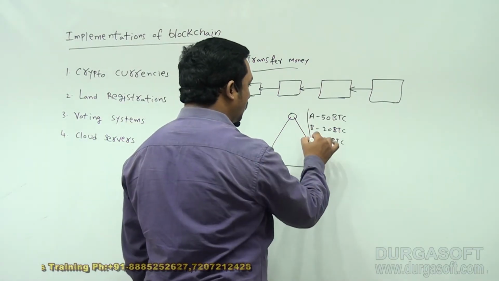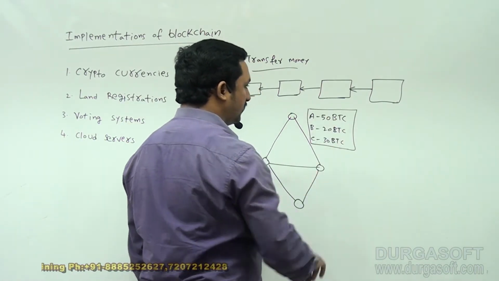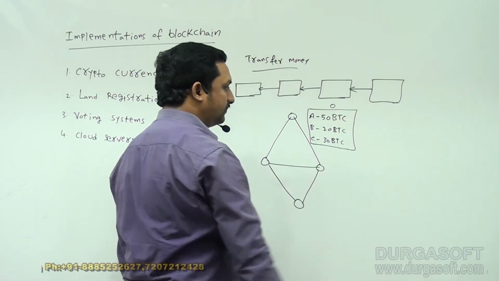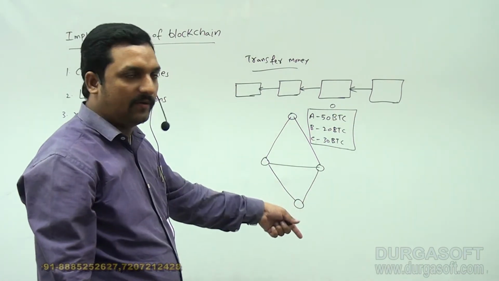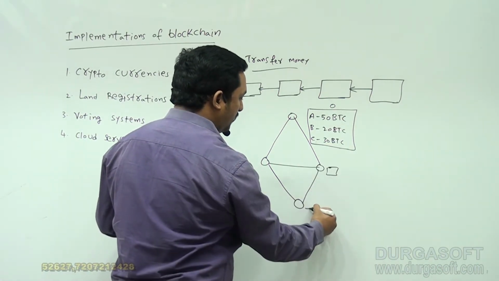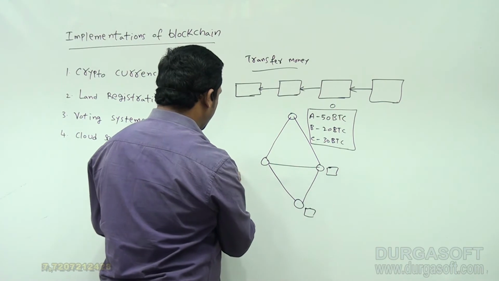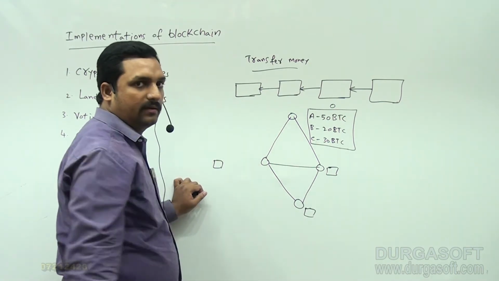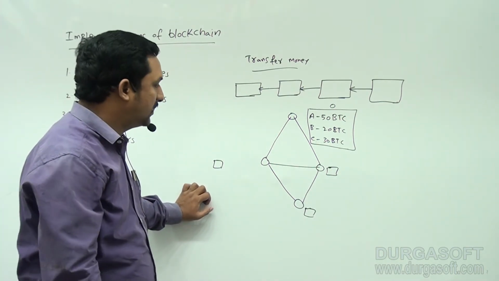So that information we will store inside one block. This is block number 0. And the same block copy will be maintained at every node. So here the same block will be copied, here also, and here also. At every node, the block will be maintained. Okay, right.